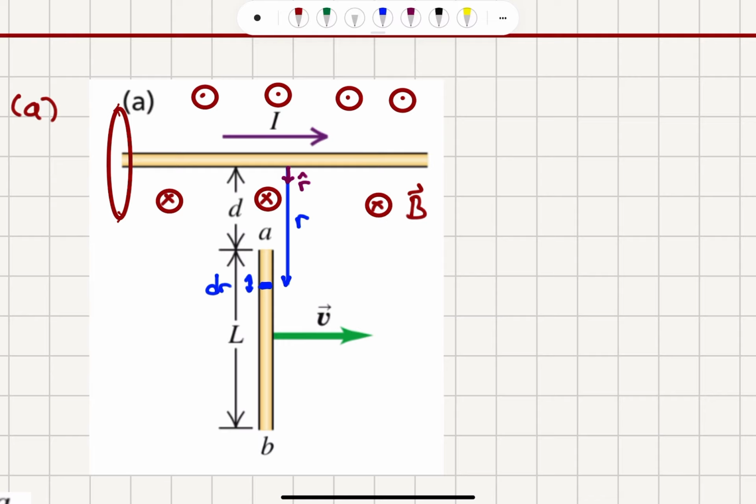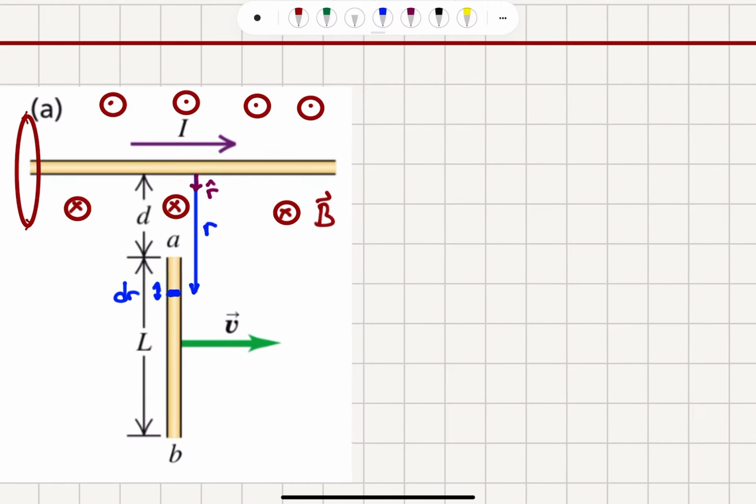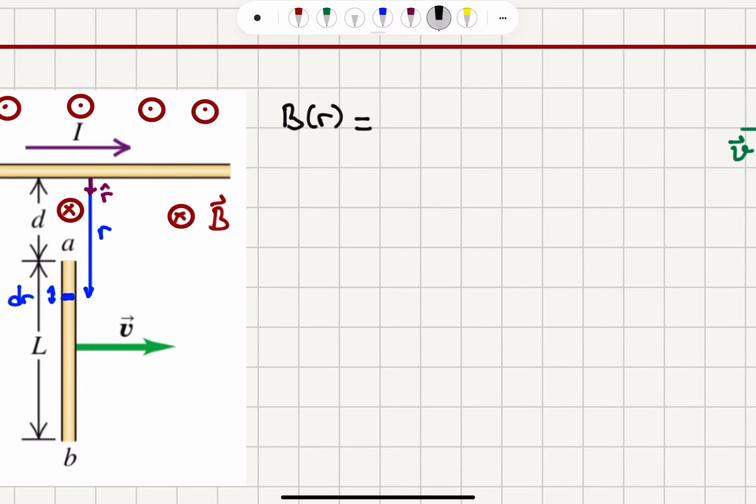Okay, so we can write this magnetic field magnitude. This is something we have done many times before using Ampere's law. The magnetic field due to an infinite wire at a radial distance r from the wire is mu 0 I divided by 2 pi times the radial distance r.